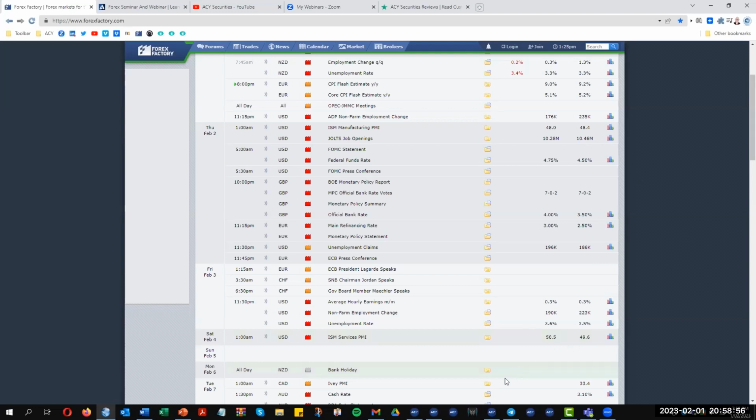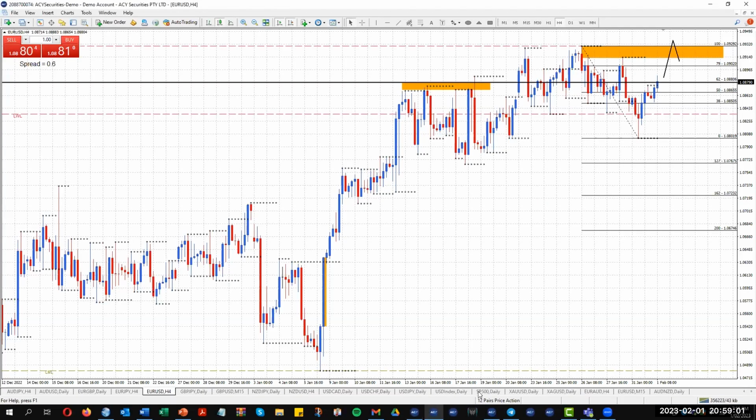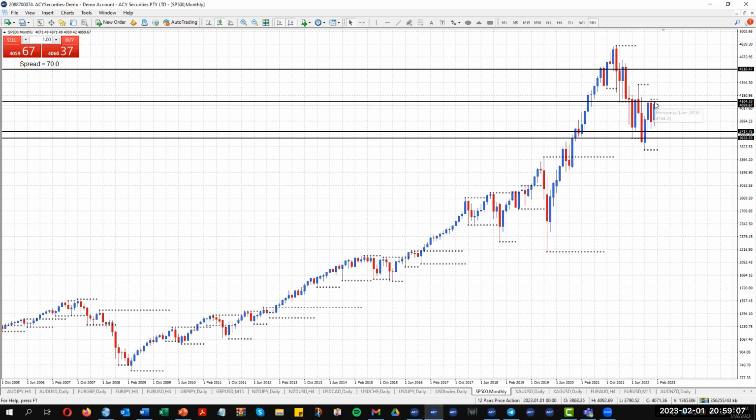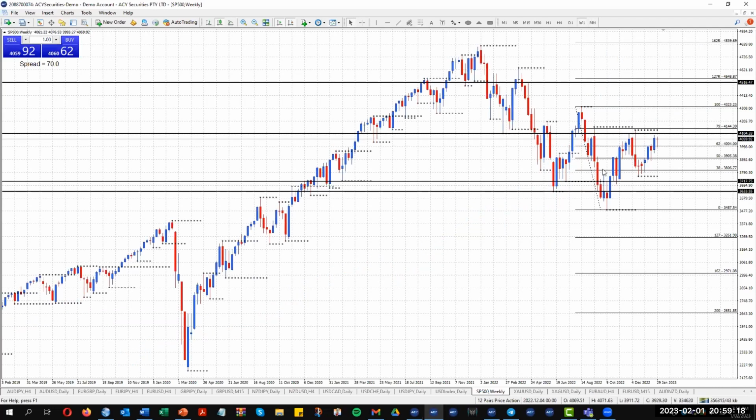So indices are poised very precariously at the moment, because let me get my S&P 500. There you go, your monthly chart. We're underneath that old level of support. There's a 79% level there that we've moved up just a fraction short of. So we've moved down, a fraction short, holding underneath monthly resistance. Is that forming a double top there to move down? It's a very nice level for failure, for sure.